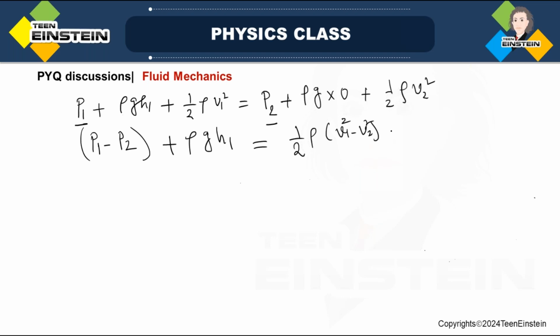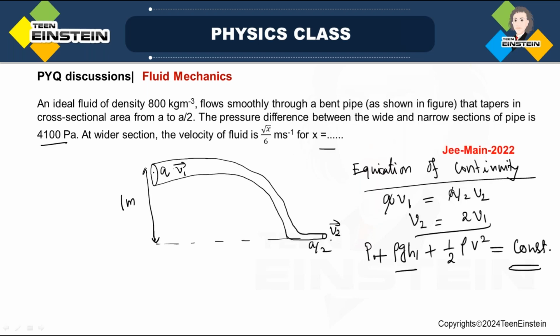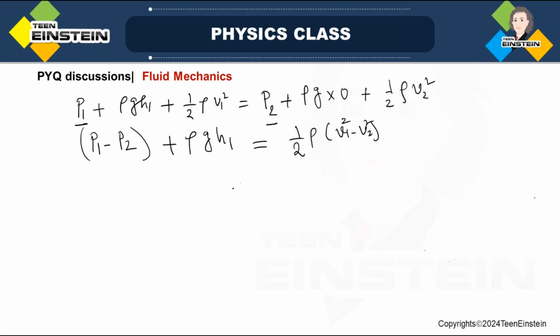So here v2 was actually v2 to v1. There is again a minus problem.